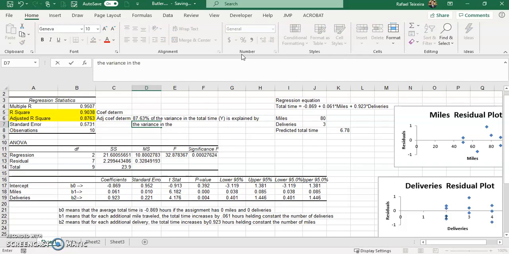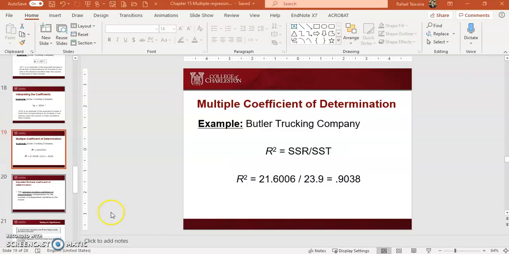I have to list them all: the variance of miles and deliveries. Okay, that's the interpretation. 87.63% of the variance in total travel time is explained by the variance of miles and deliveries, which are our independent variables.